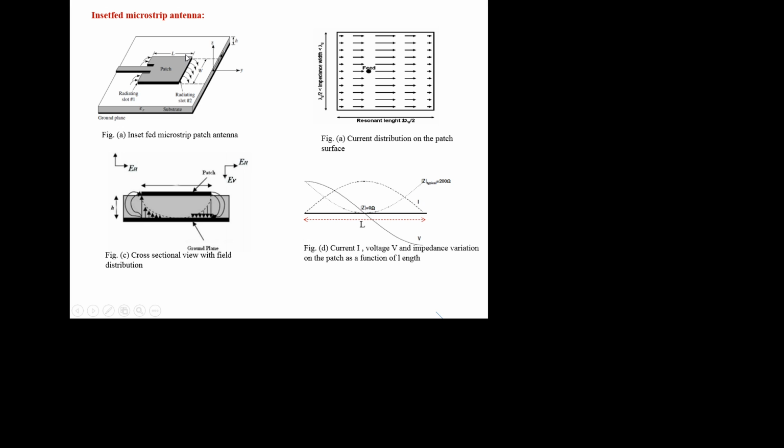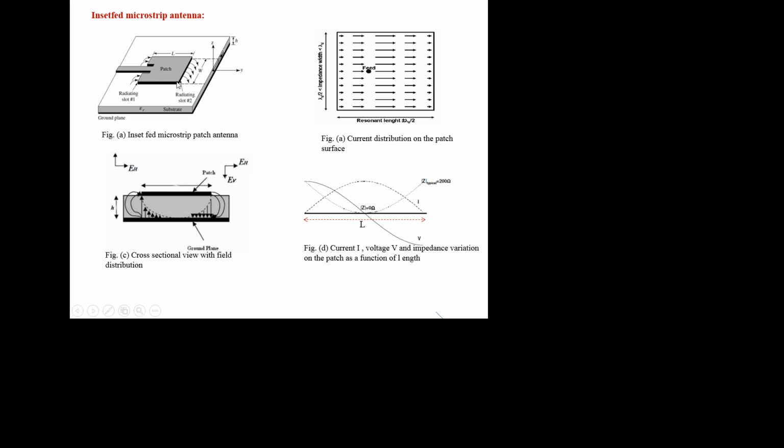It has a particular length L and width W here, and this is a feeding structure. This is a feed transmission line to feed the signal to the antenna. This structure is a feed line, and actually the antenna is the patch, the rectangular patch antenna.